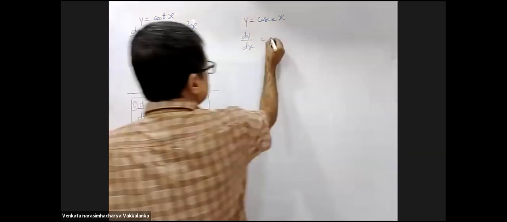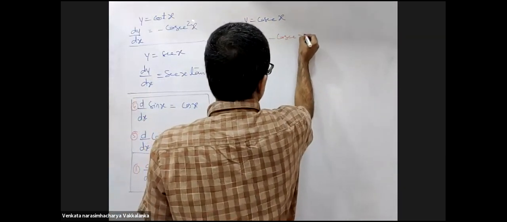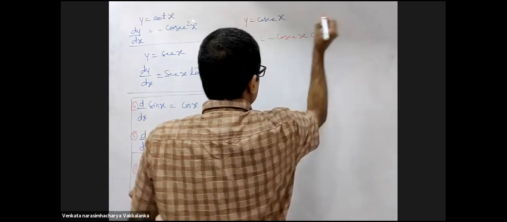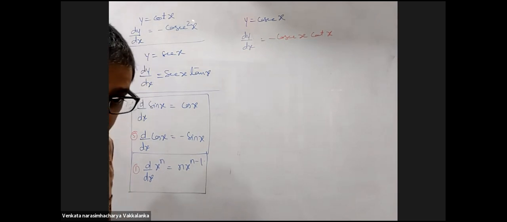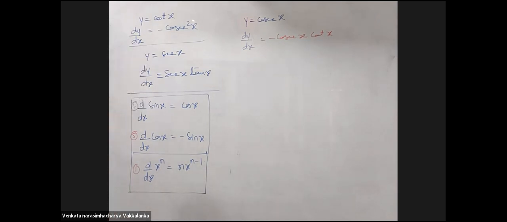Your final answer should be cosecant x cot x with a negative sign. Sir, all of this we have to remember. Yes, you have to. Sir, for y equal to sec x, I think dy by dx must be minus sec x tan x. No, it will be secant x tan x.